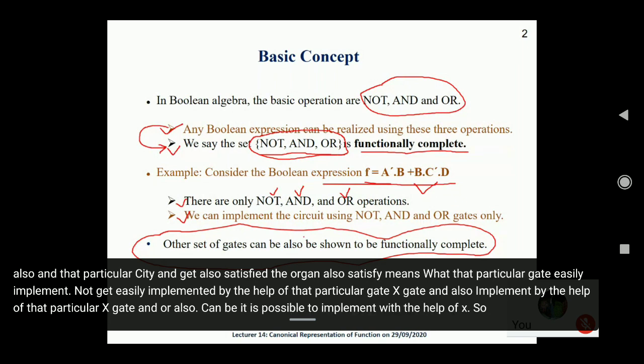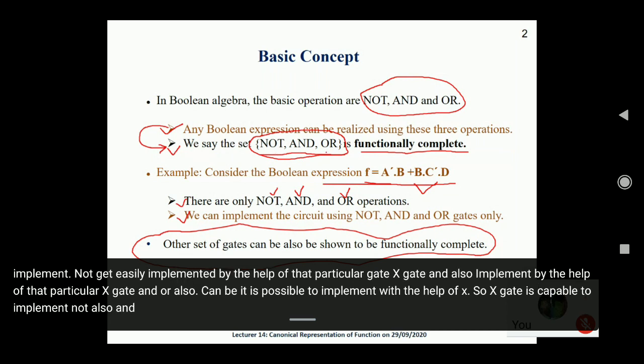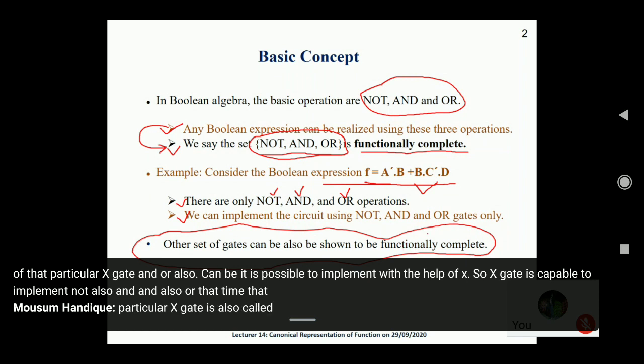So X gate is capable to implement NOT, AND, and OR. That time that particular X gate is also called functionally complete.